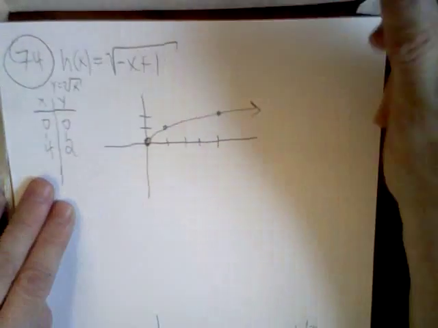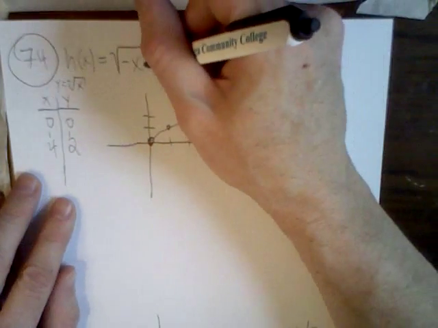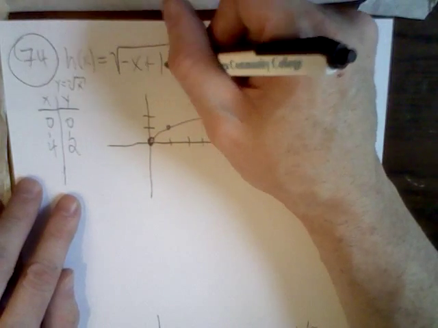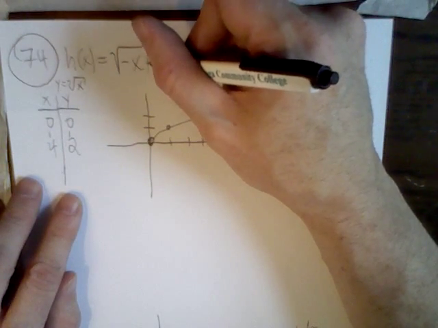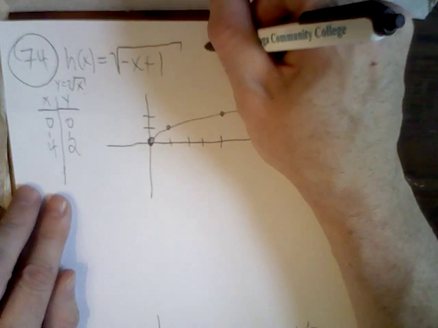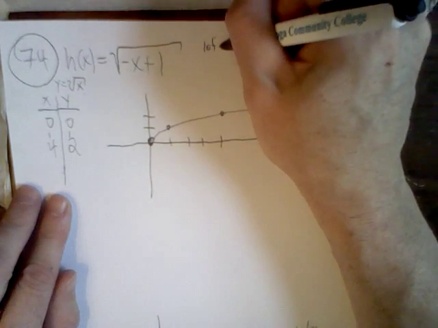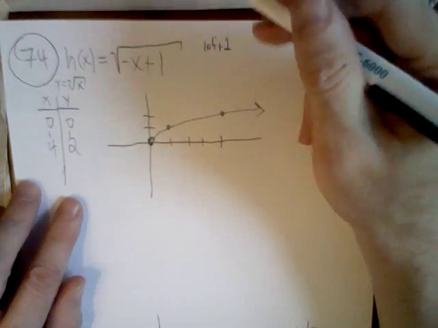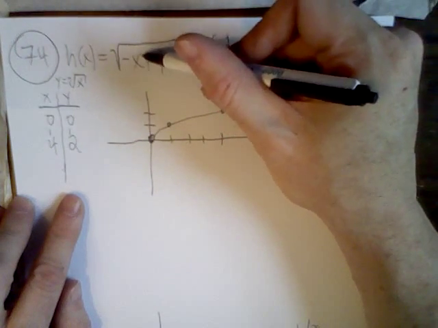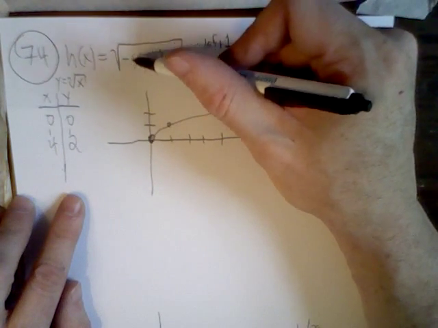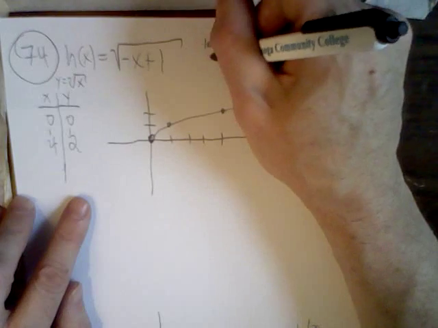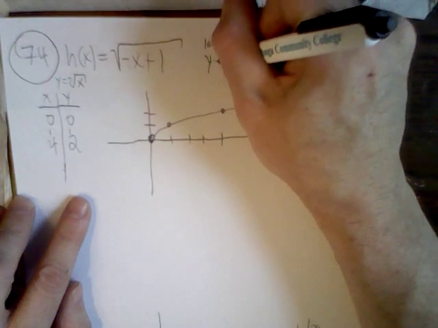For our new function, what do we need to do? So horizontal first, so I have a shift to the left by 1. And then your shrink or stretch is not here. Reflections, so there's a y-axis reflection.